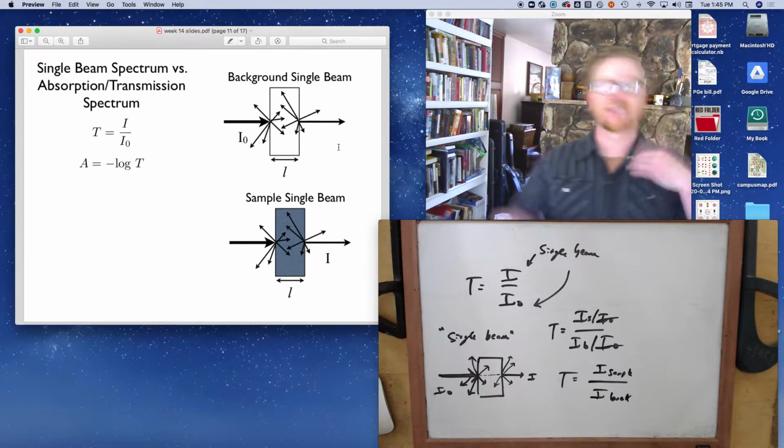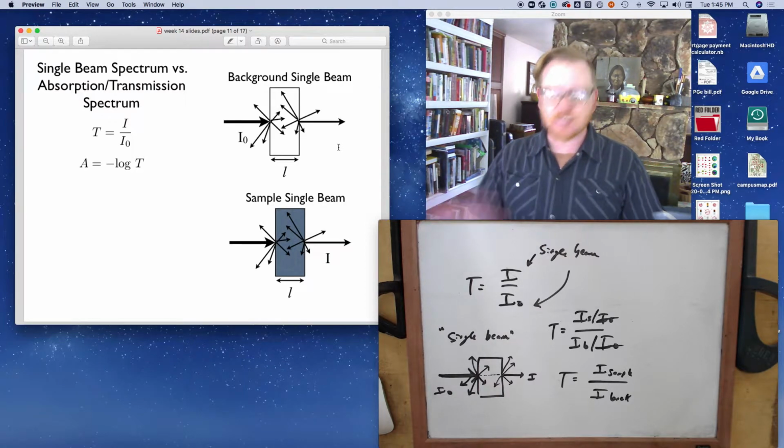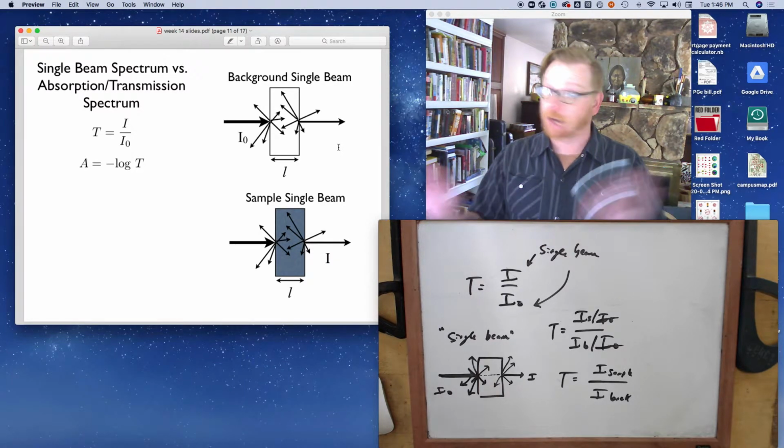And then, of course, you take the negative log of this, and that gives you the absorbance. So that's the difference between a single beam spectrum and an absorption spectrum.